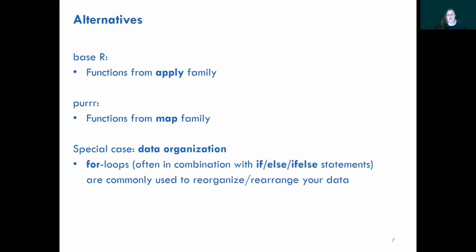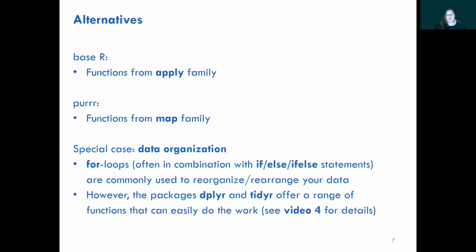So for example, you want to reorganize or rearrange your data. You definitely can do that if you feel comfortable with that and know how to do it. But you also might just use the functions from the packages dplyr and tidyr, which offer a range of functions that can easily do the work that you want. And if you're interested in that, you can also watch the video for some of the details.